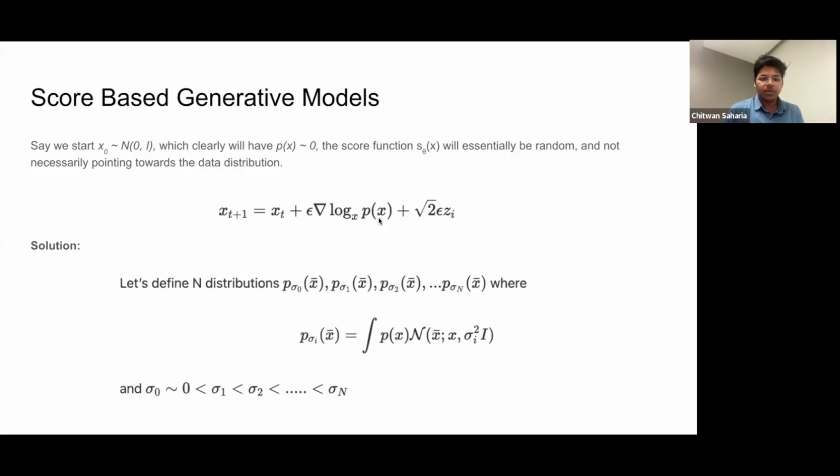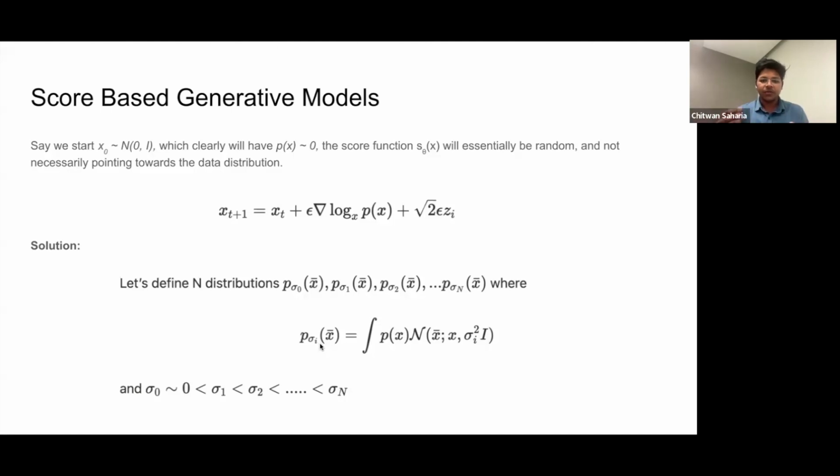Now, how do we solve this problem? One way is to construct new distributions based on this data distribution. Imagine that we define a distribution P sigma i of x, where we take all these data points, add some Gaussian noise to them, and induce a new distribution marginalized over the data distribution. You can intuitively think of it as a data manifold distribution to which you add a slight bit of noise, expanding its support a little bit.